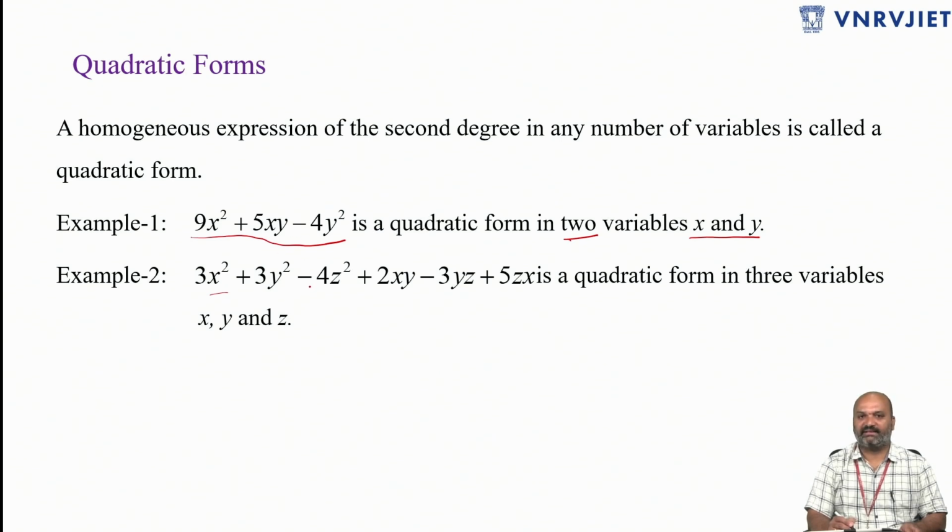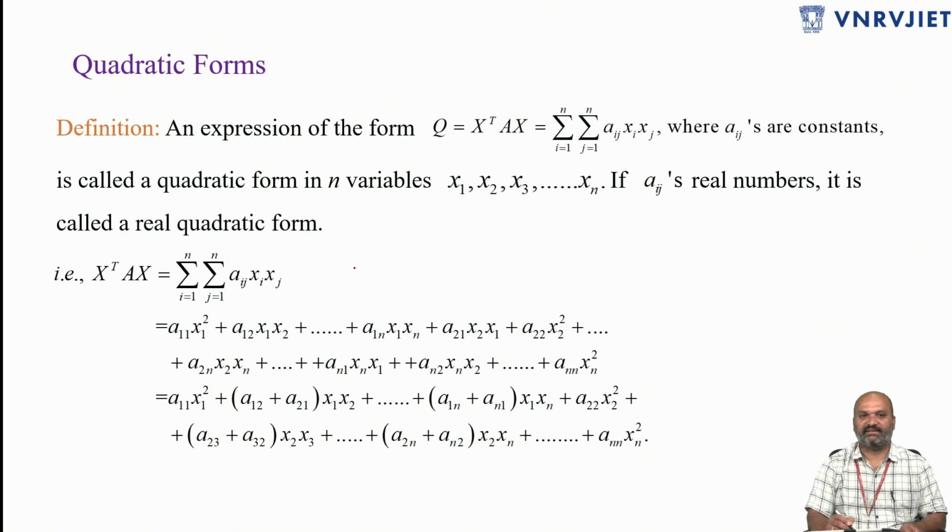Now we'll generalize it to n variables. The definition can be generalized to n number of variables. An expression of the form X transpose A X, generally a quadratic form is denoted by Q, a capital letter. X is the variable vector, with n variables x1, x2, x3, so on, xn.